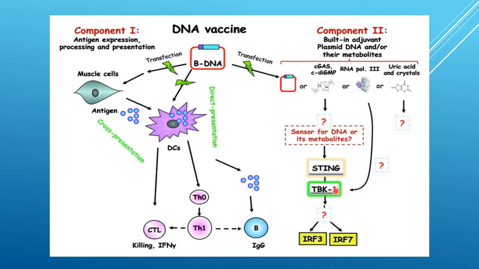It will produce the interferons, which will be acting against that antigen, and this is how the immunogenicity will be produced in a cell.